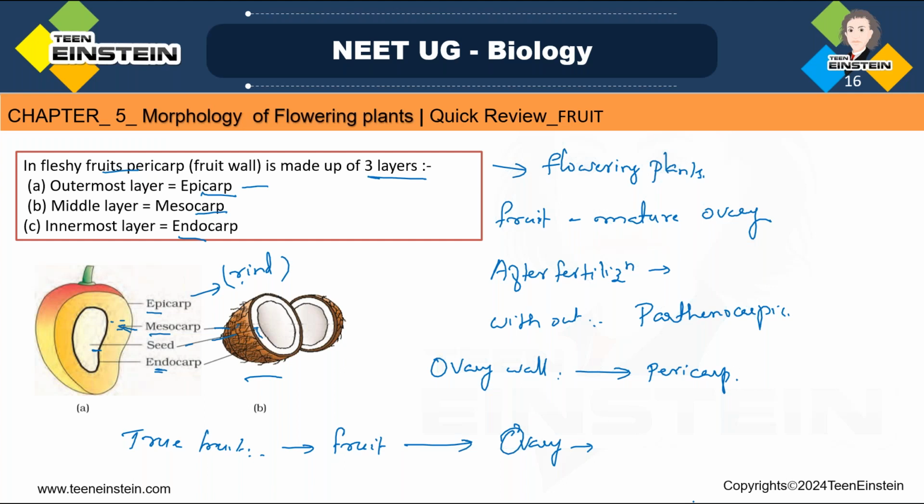When a fruit is developing in a place other than the ovary, from other parts of the flower like the thalamus, calyx, or from the inflorescence, all these getting modified into fruit or a part of fruit, that is called false fruit or pseudocarp. If the fruit is developing from any other portion other than the ovary, that is called pseudocarp.